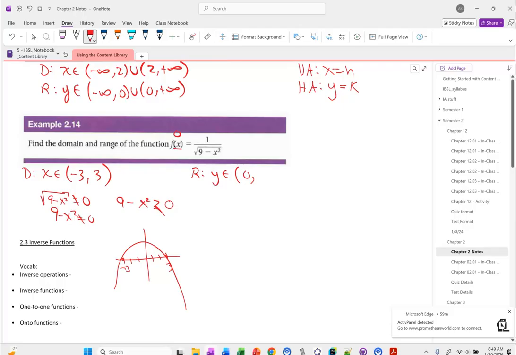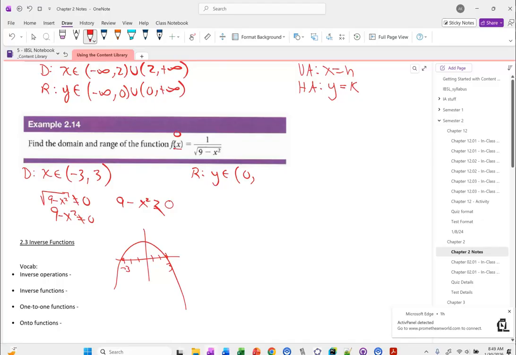My question now is, does this go all the way up to positive infinity, or does this stop? Well, let's think about it. Can I make this y as big as I want? If I pick x to be really, really close to 3, say like 2.999999, I square that and subtract it from 9, I'm going to get like 0.000001, right?